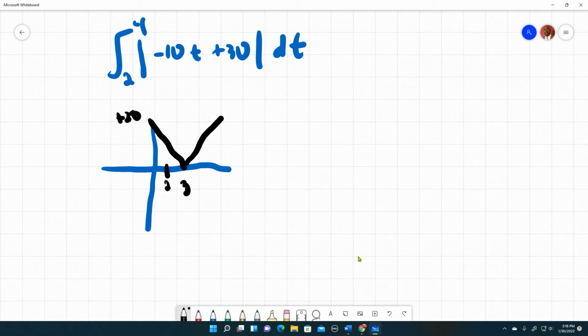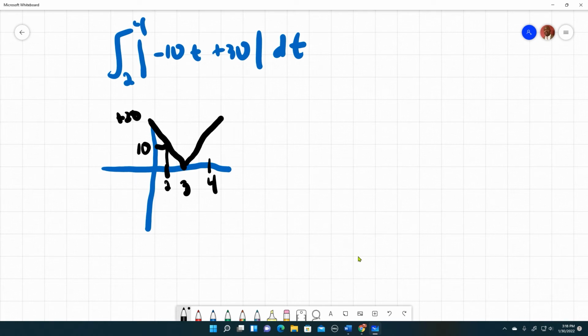Now, when t is 2, this is a little triangle here, and the height of this triangle is 10. Just think here, when t is 2, plug in 2 for t, you get 10. Now, when t is 4, you also get 10. If you plug in 4 here, you'll get negative 40 plus 30, that's negative 10.